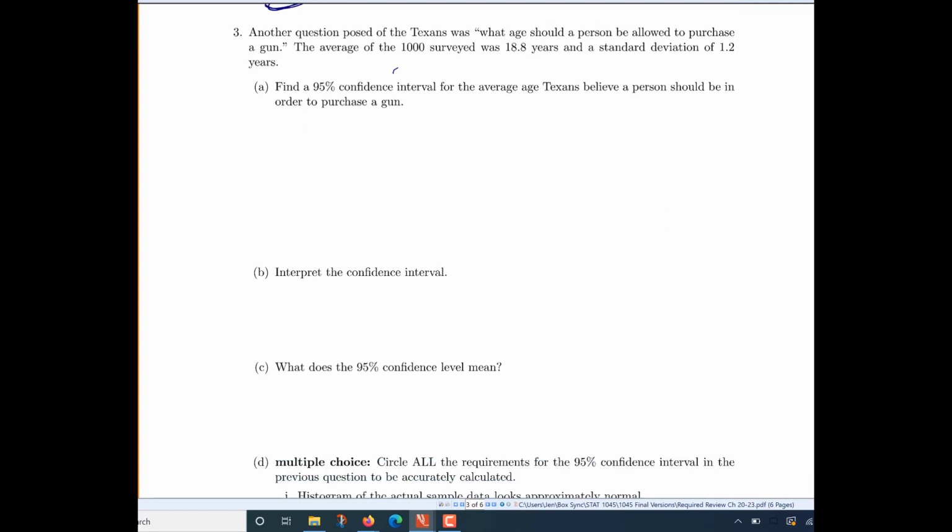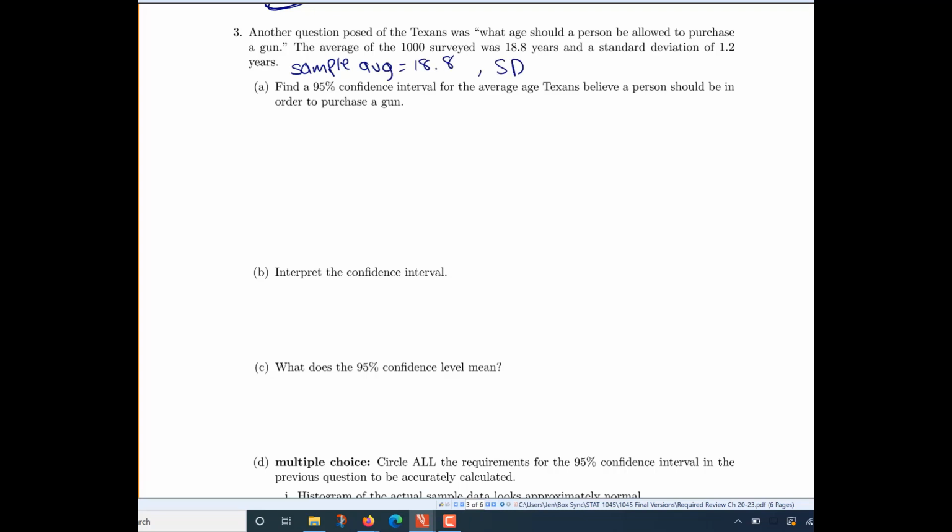Number 3. Another question posed during that survey is, what age should a person be allowed to purchase a gun? The average of the 1,000 people surveyed was, they said, 18.8 years and a standard deviation of 1.2 years. Notice this is talking about sample data. So we have a sample average of 18.8.